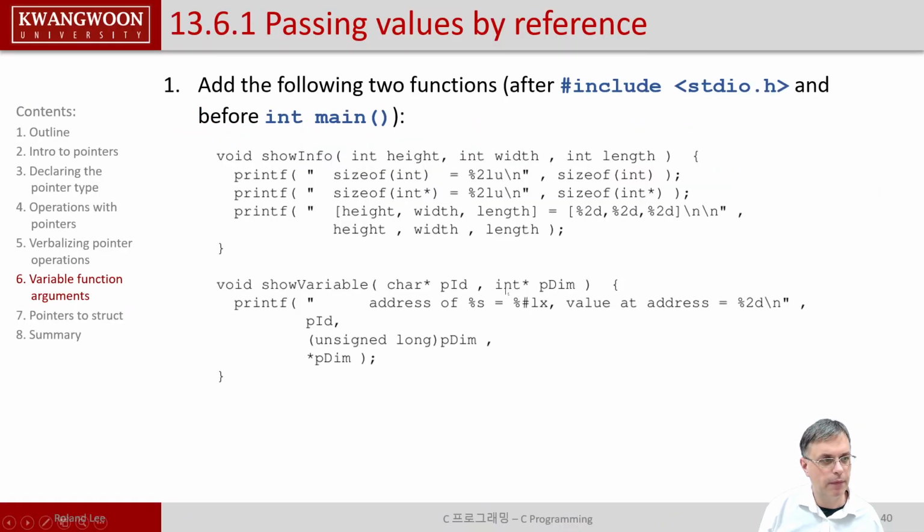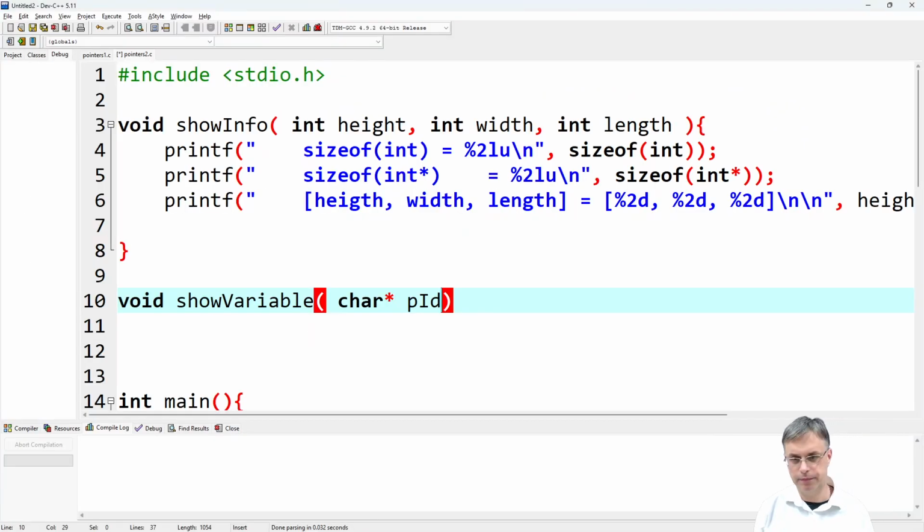And then pdim is a pointer to an integer. So int *pdim, if I'm not wrong, obviously. So let's see. Yes. Okay, good.